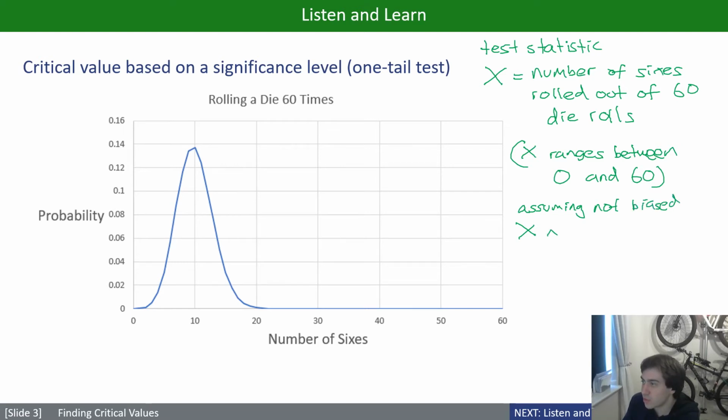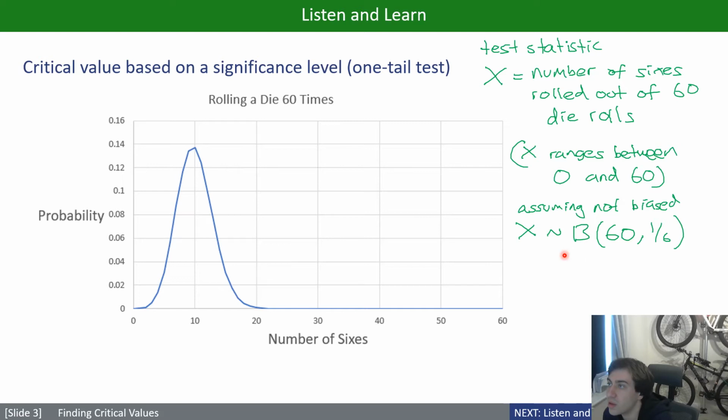X is modeled by a binomial distribution where n is 60 and the probability of a success, rolling a 6, is 1 in 6. Okay, that's important. We've defined the binomial distribution which applies to our test statistic. And that's what would effectively allow you to generate this graph, if you know this specific set of parameters.